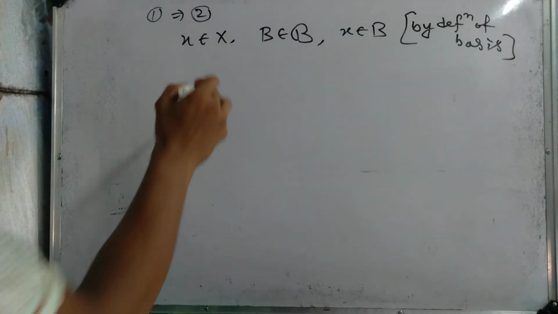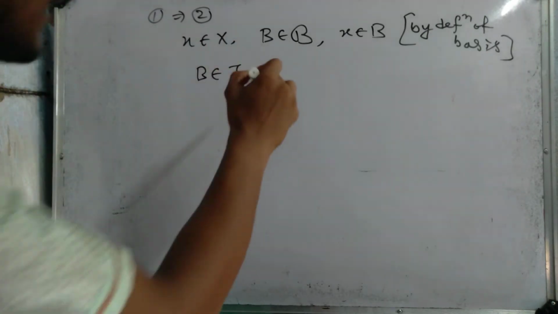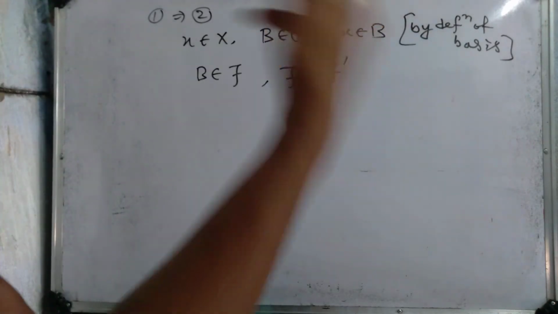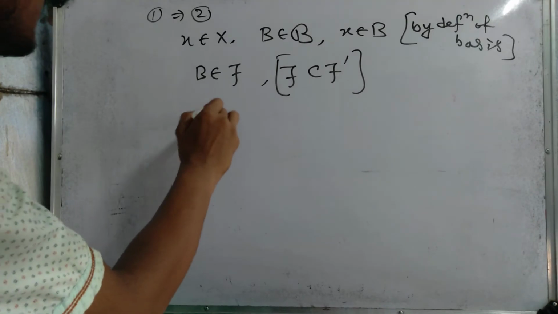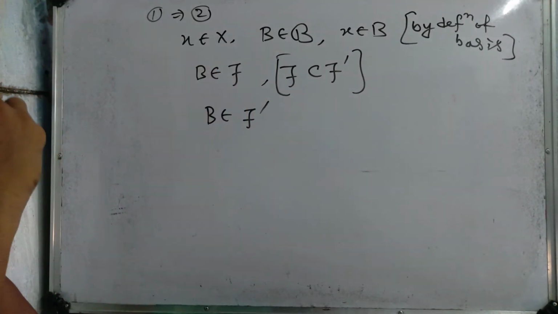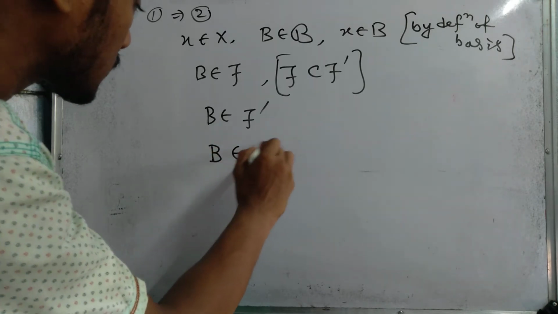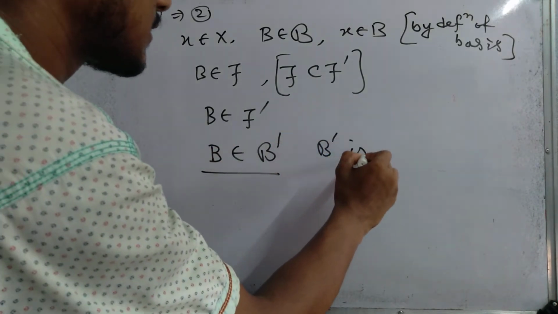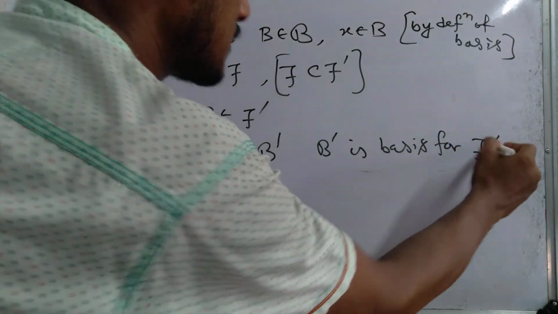Then b belongs to tau, and also tau is a subset of tau dash, that means tau dash is finer than tau. This one is the condition. So b belongs to tau dash also, and beta dash is a basis for tau dash.